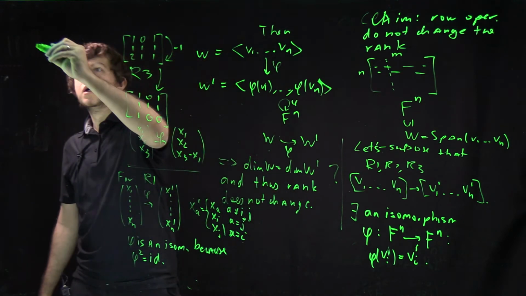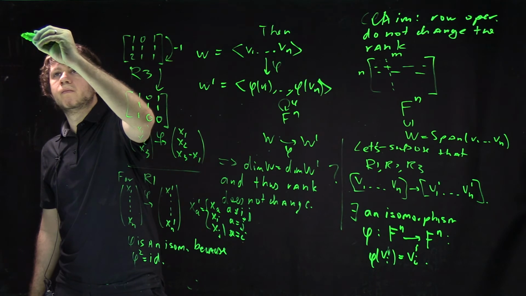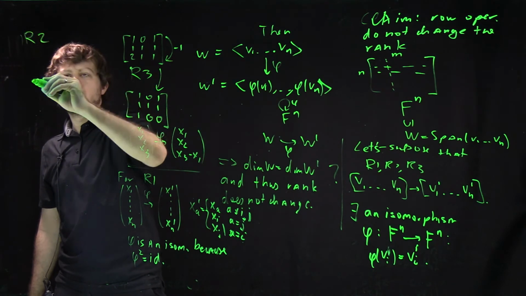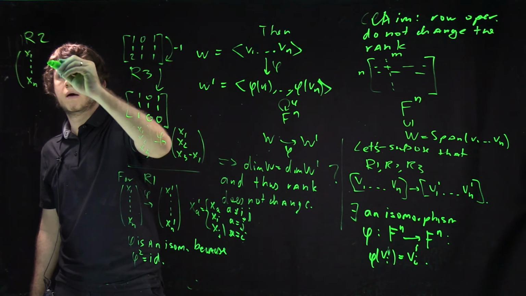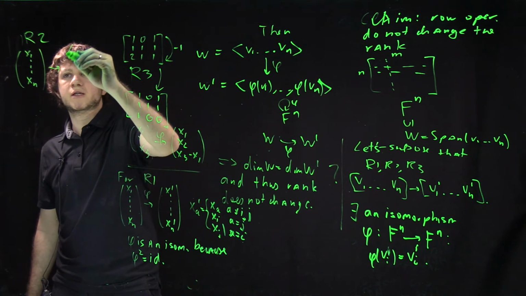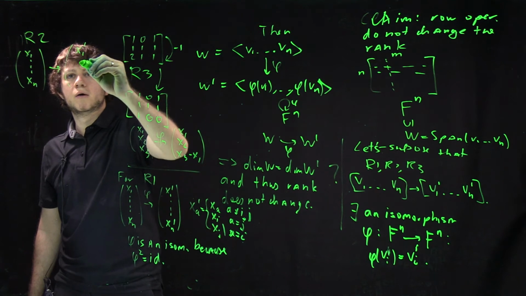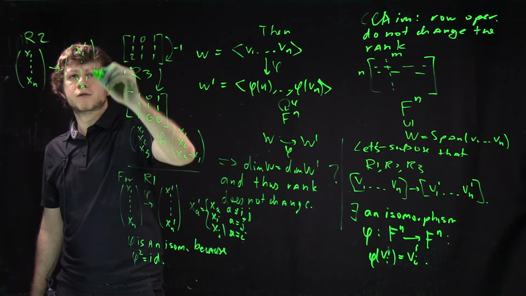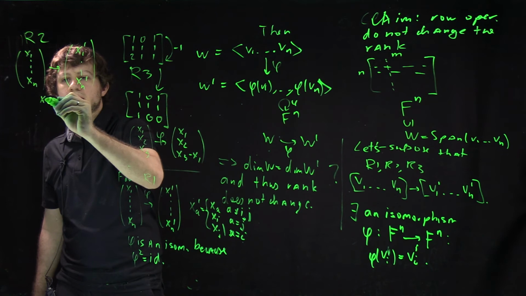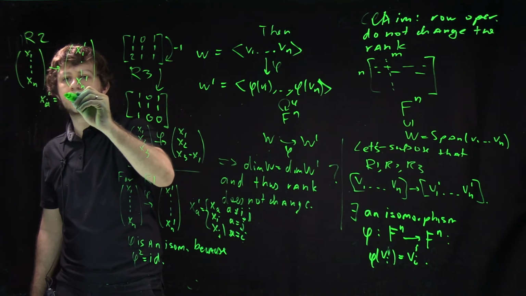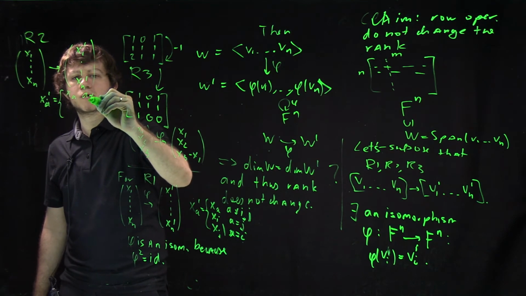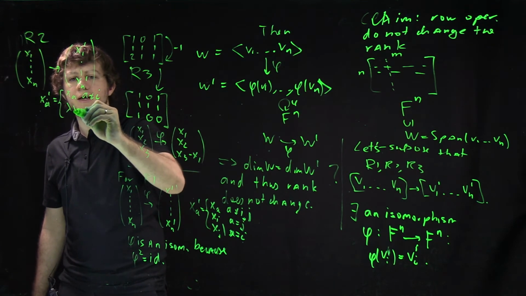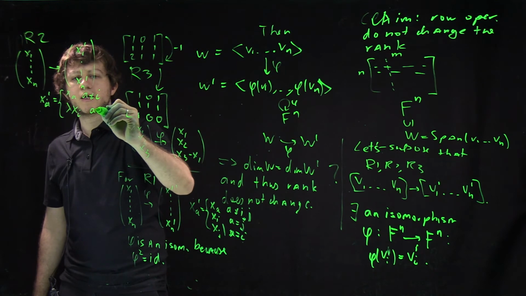So for R2, you have some vector x1 to xn, and you just multiply one of them by lambda. So xa prime equals xa for a not equal to i, and lambda xi for a equal to i.